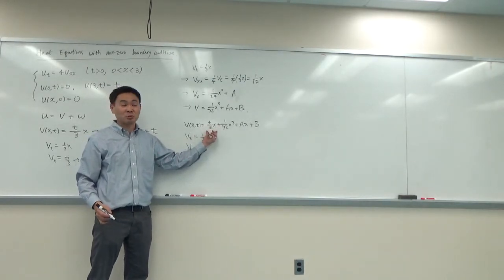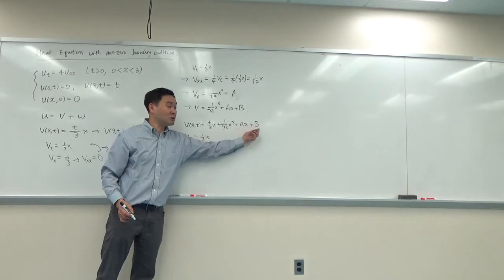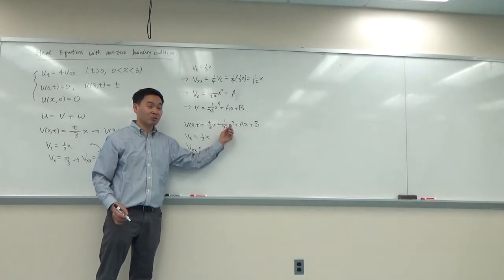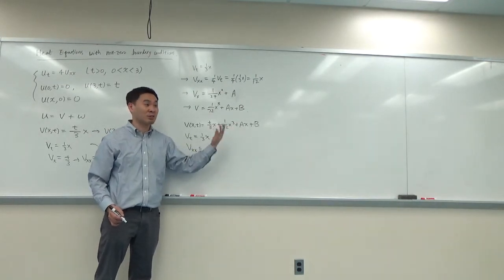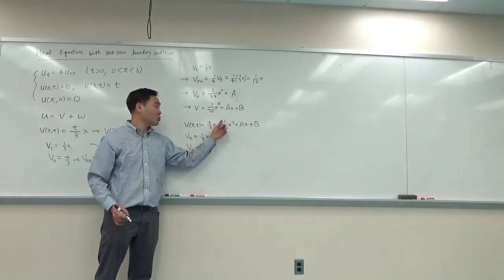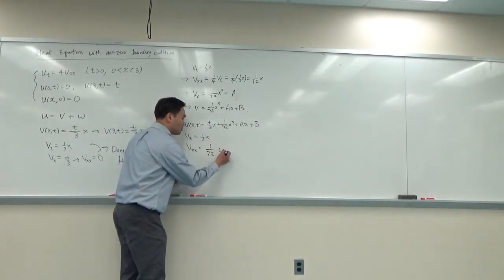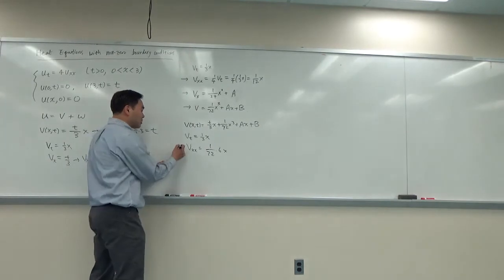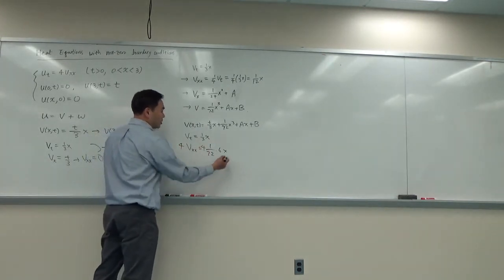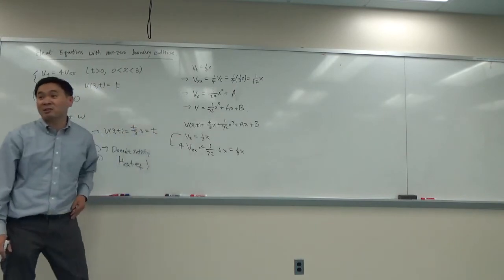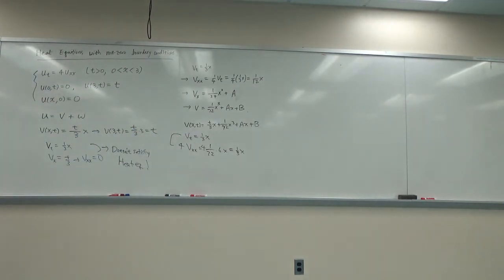It's a partial derivative, so that's gone. These will be gone. x cubed differentiates to 3x squared, differentiating again gives you 6x. 1/72 times 6x is what you have. Now multiply by 4. And that really gives you 1/3 x. So indeed, it satisfies the heat equation. We checked. It works. Okay?